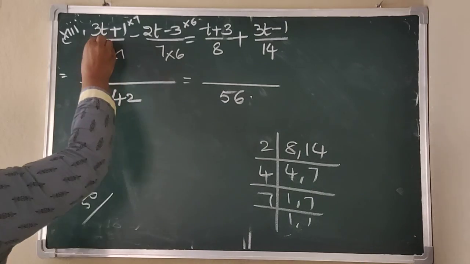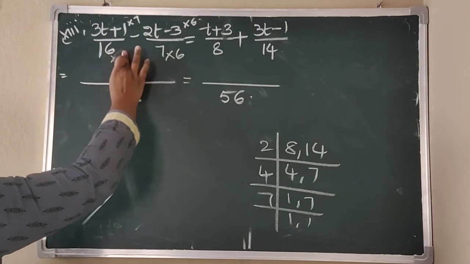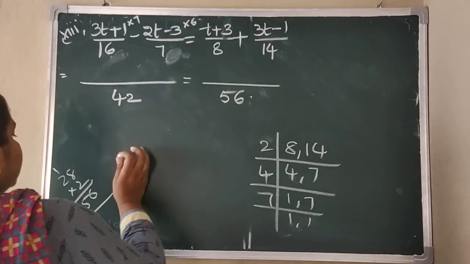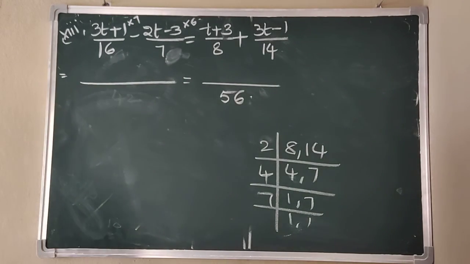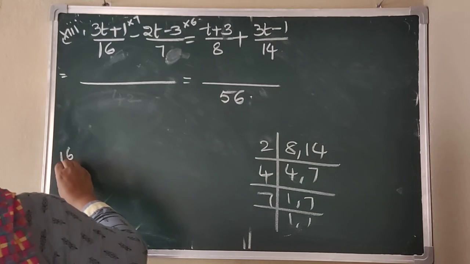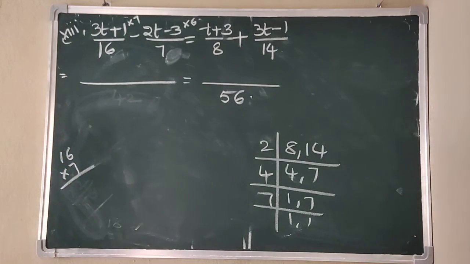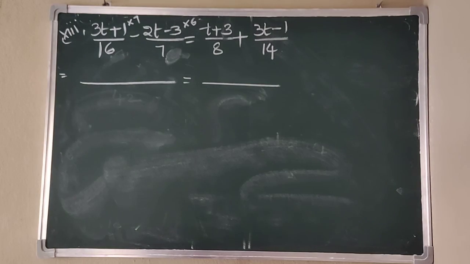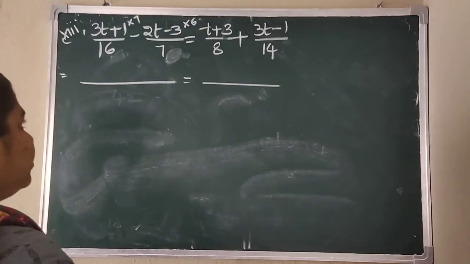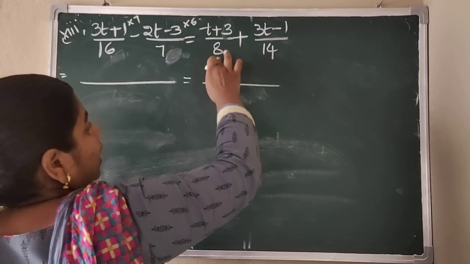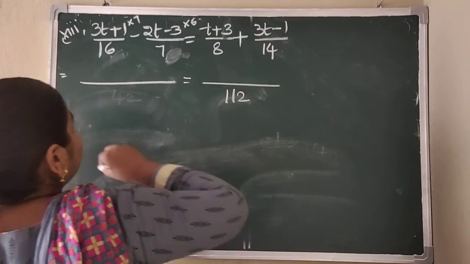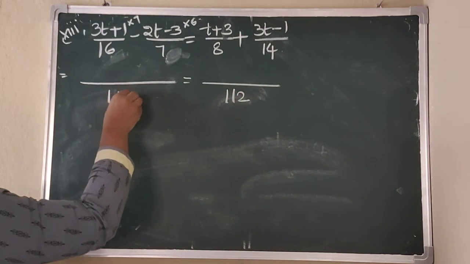Sorry, this is 16. 16 means the LCM of 16 and 7. Instead of taking the LCM directly, I am multiplying the values directly. 8 into 14 will be 112. 16 into 7 is also 112.